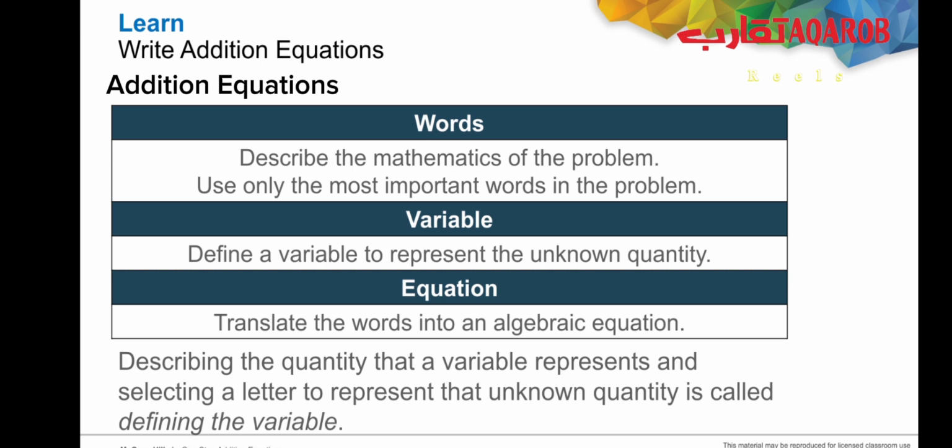Describing the quantity that the variable represents, or selecting a letter to represent the unknown quantity, is called defining the variable. So at first you define the variable, and then you form the equation.